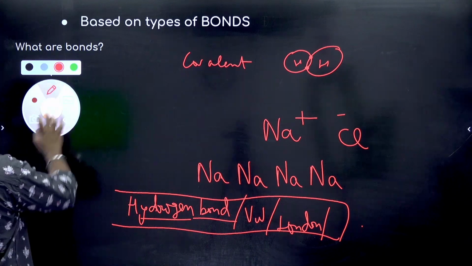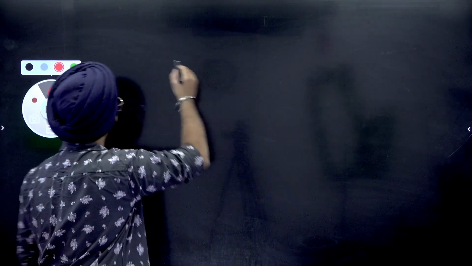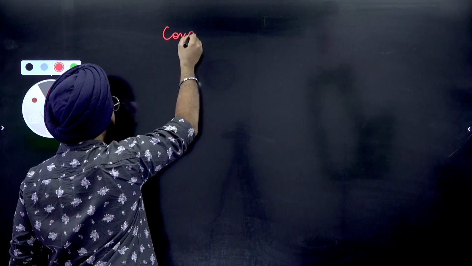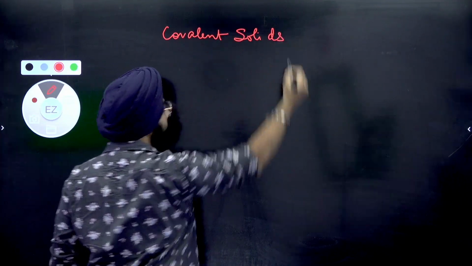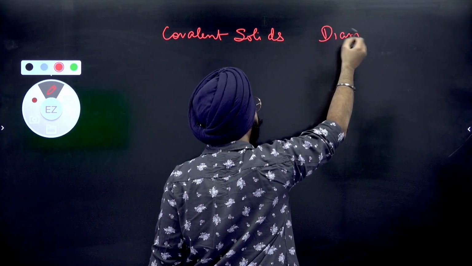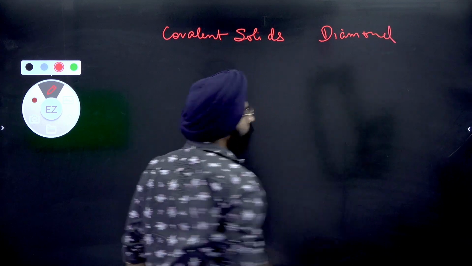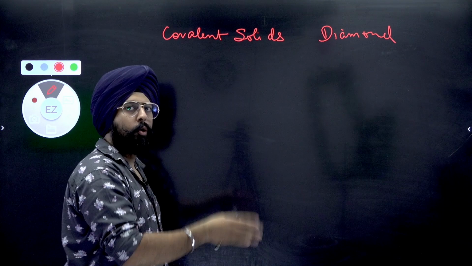So with these 4 different types of interactions, we can make 4 different types of solids. First one we can say would be covalent solids. Best example is diamond. Yeah, because carbon, carbon, carbon, carbon all attached to each other with covalent bonds.